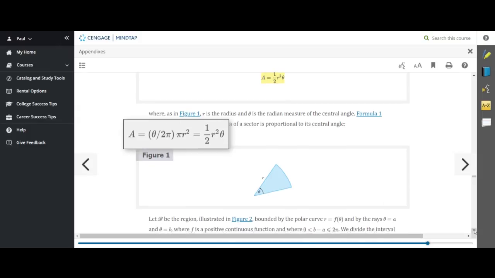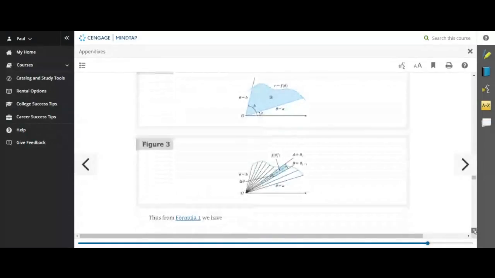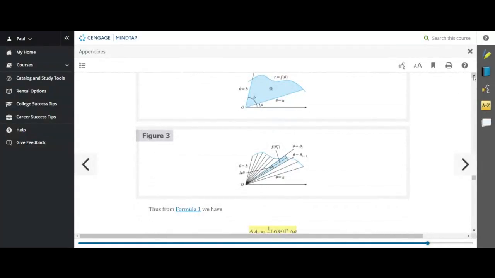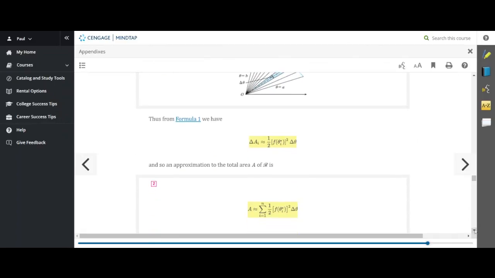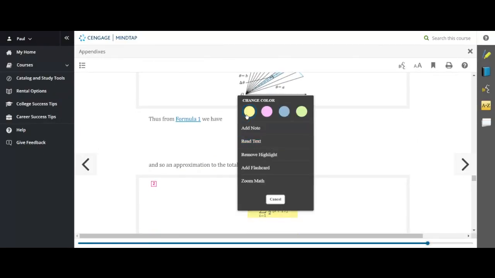At any rate, we want to find the area under the polar curve in figure 2, and we take the area and break it up into sectors of different circles of different radii, and then we're going to add up all those areas.